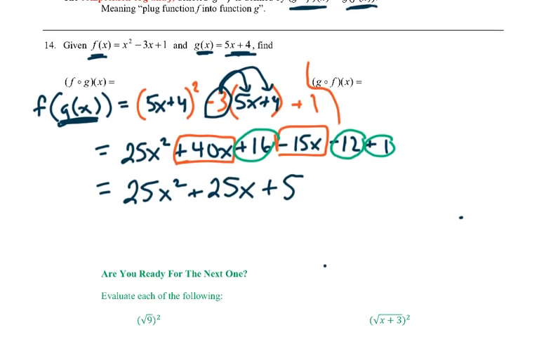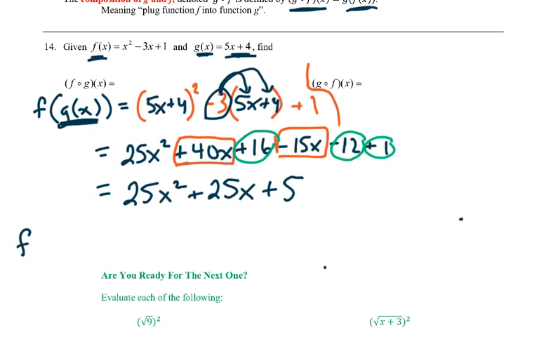Now, if this question had asked me to find f of g of 3, I could take this 3 value and substitute it in for all of these x's here. Or I could substitute in the 3 up here, solve for what you get here, and then take whatever you get from solving 5 times 3 plus 4.